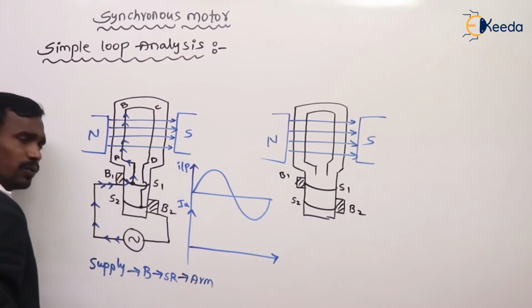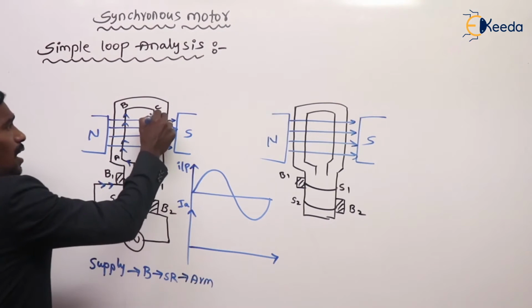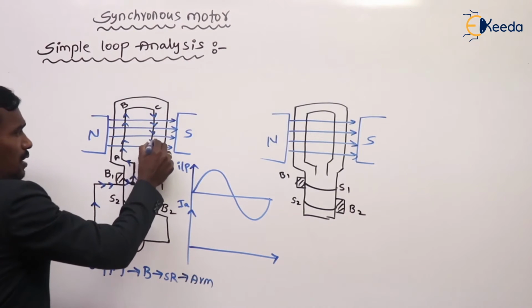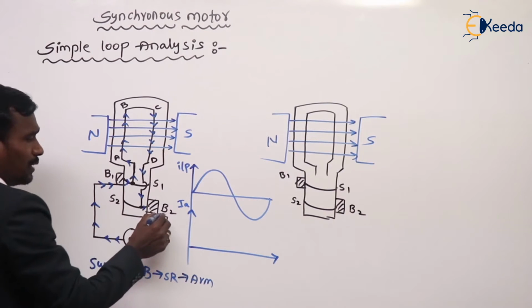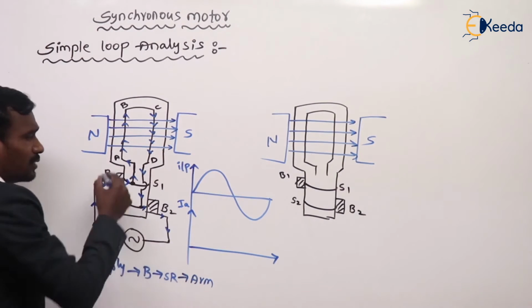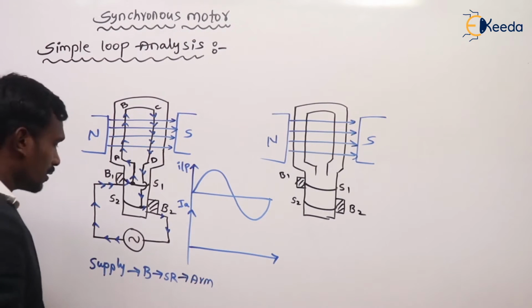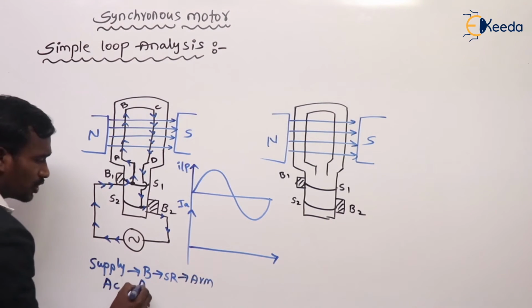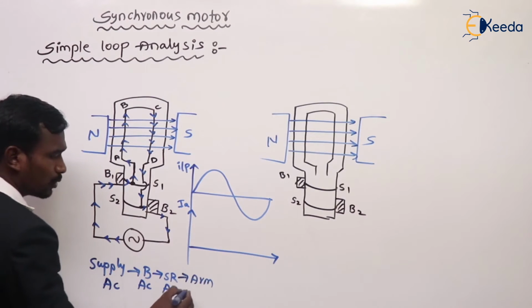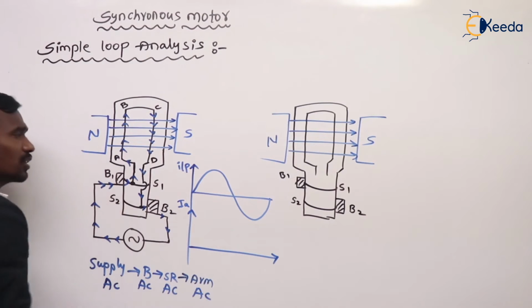This is the flow. And armature to the slip ring to the brush, again this is a closed loop. So the flow is from supply which is AC, the brush carries AC, the slip ring also carries AC and the armature also AC.